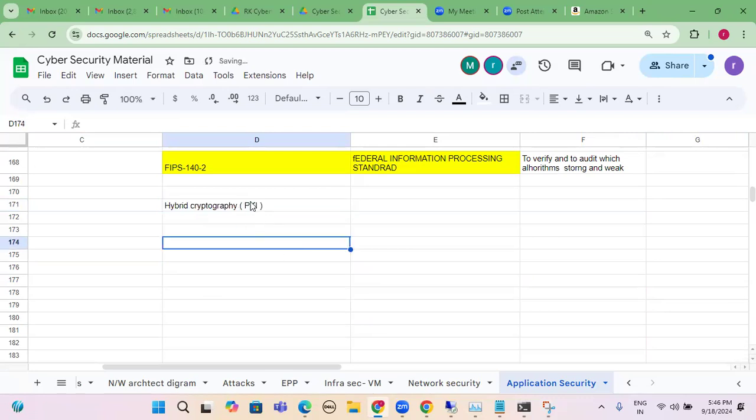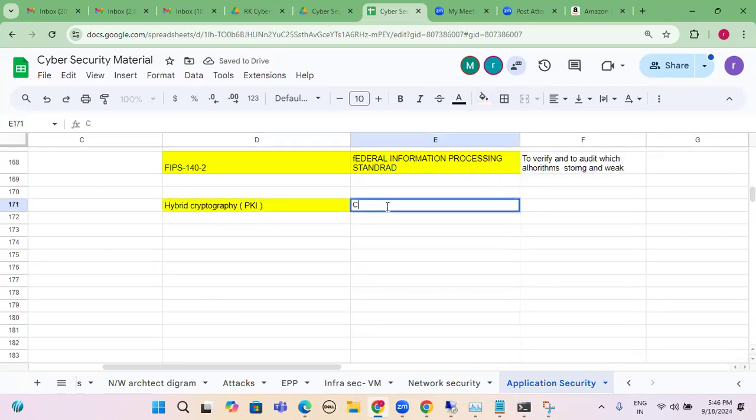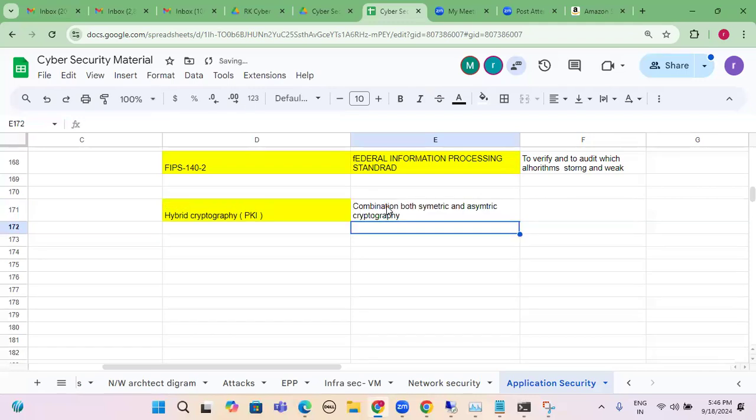So hybrid means a combination of both: a combination of both symmetric and asymmetric cryptography is called hybrid cryptography. So what do we mean here by the combination of symmetric plus asymmetric?